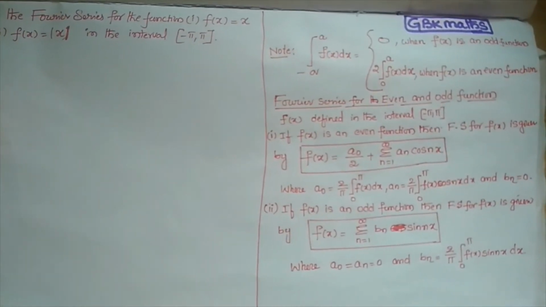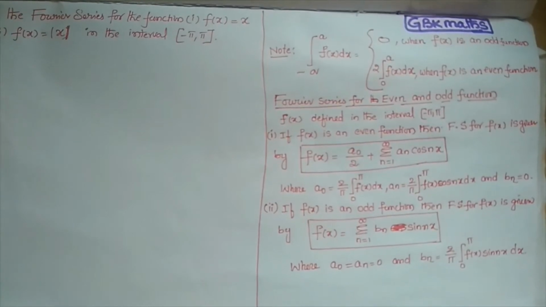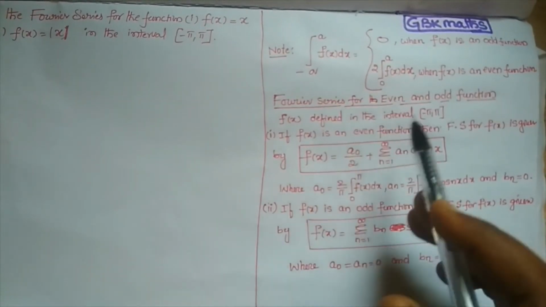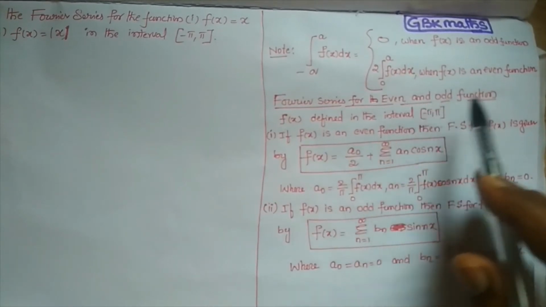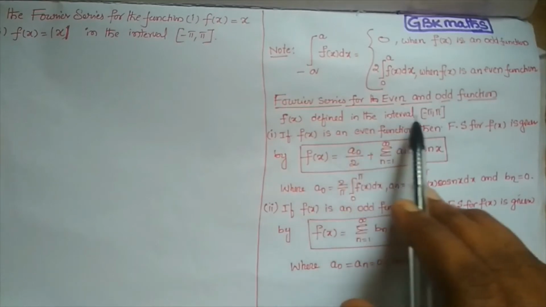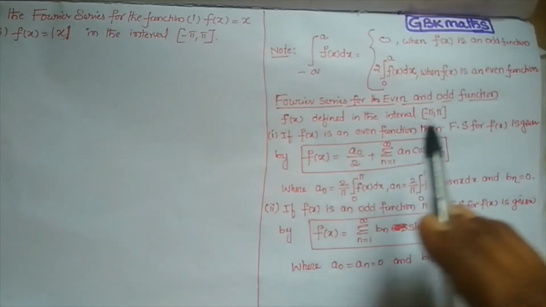In addition to that, the Fourier series for even and odd functions. How to write the Fourier series for the even function and odd function. f of x is defined in the interval minus pi comma pi. Then only we can verify whether it is odd or even.